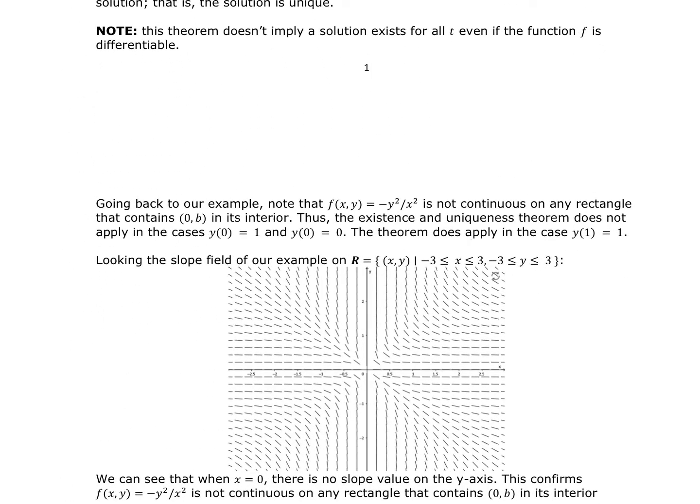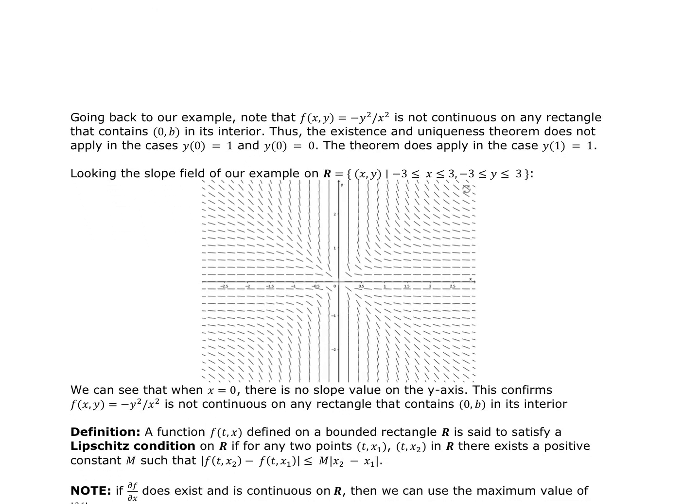Now going back to our example, which was f of x, y is equal to negative y squared over x squared, it is not continuous on any rectangle that contains x being 0.